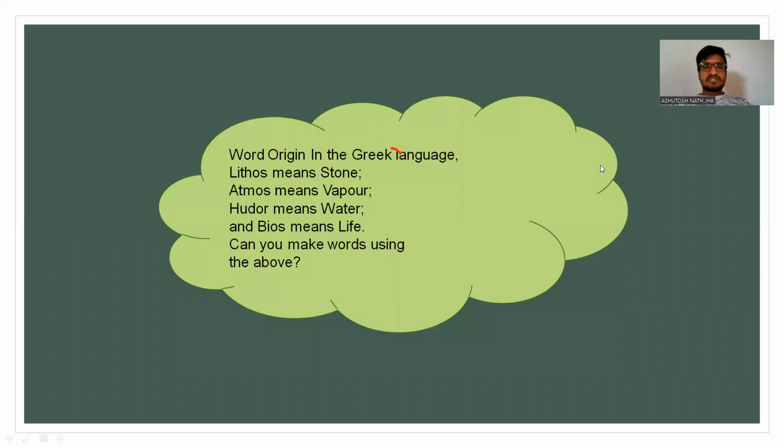In this first module we discuss some domains of the Earth. First, the origin of the words in the Greek language.